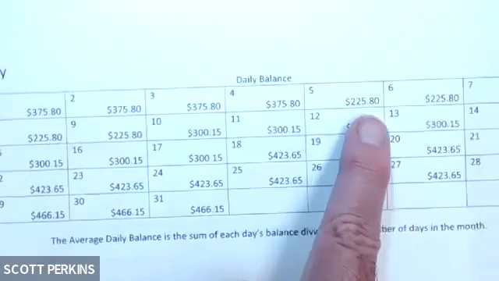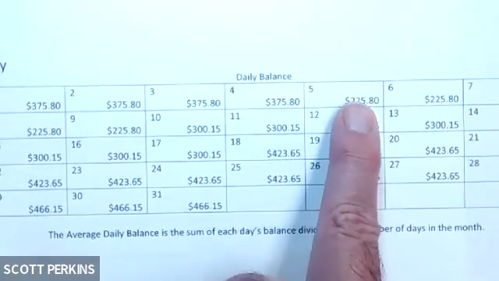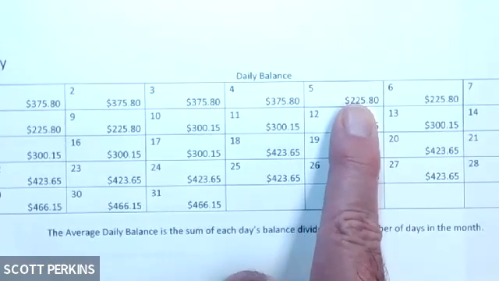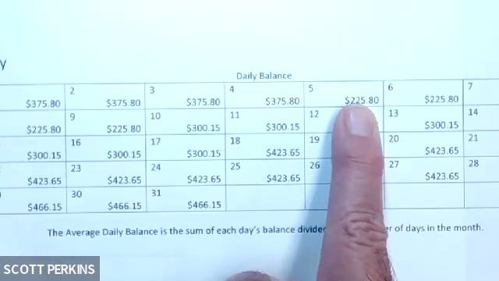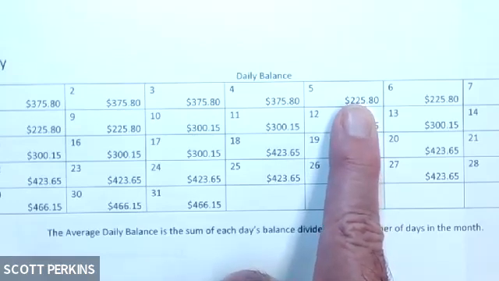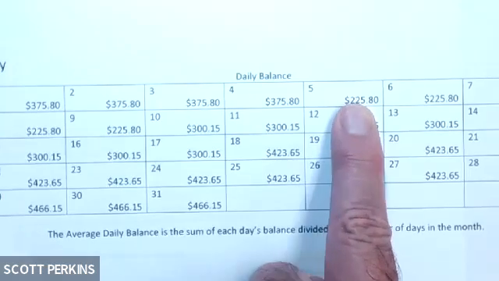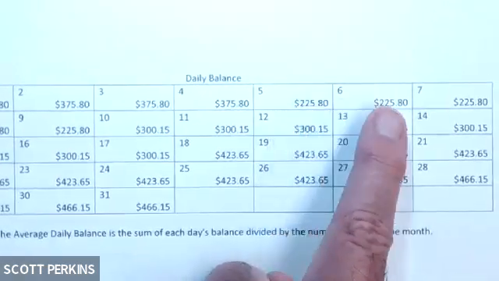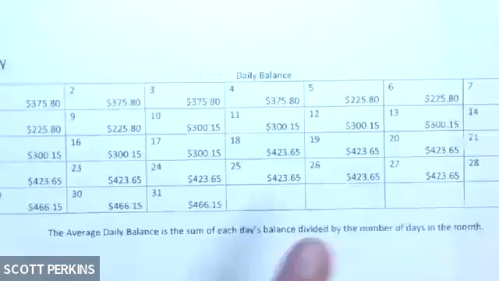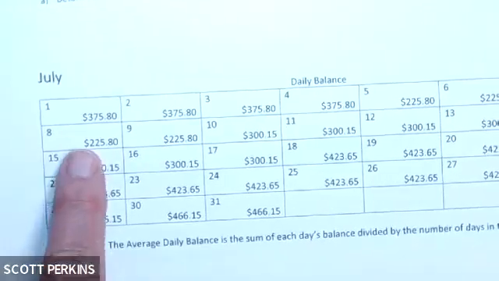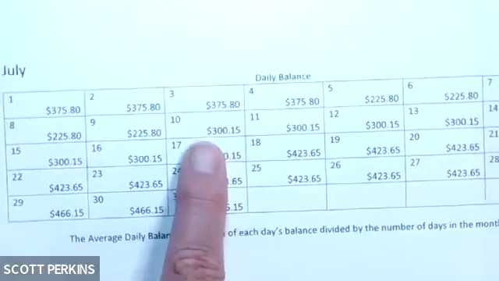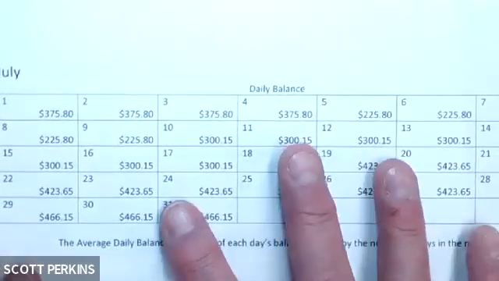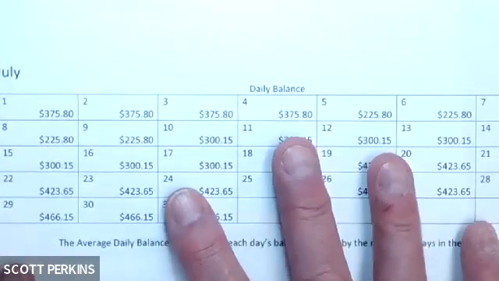Then on the 5th, it changes to $225.80. That's the payment that she made. Then nothing else happens on her credit card till the 10th when she buys something on Amazon. So now the balance is going to be $225.80, $225.80 until the 10th. So $225.80, $225.80 when it goes up.